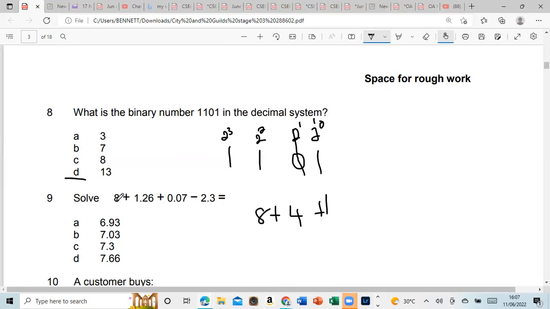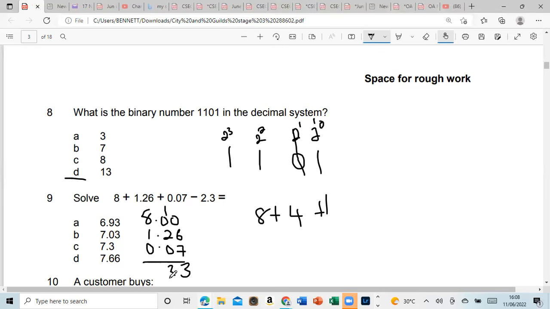Alright, solve 8 plus 1.26 plus 0.7 minus 2.3. Alright, so I'm going to add first. I'm going to set up nicely first. I'm just going to put the 2 as a placeholder. Remember, decimal point under decimal point. So 7, 6, 13, 3, 1.